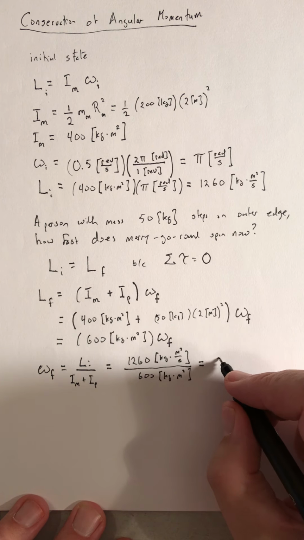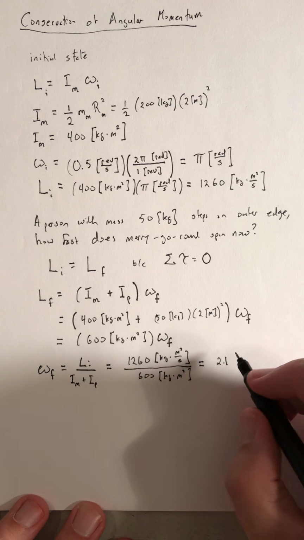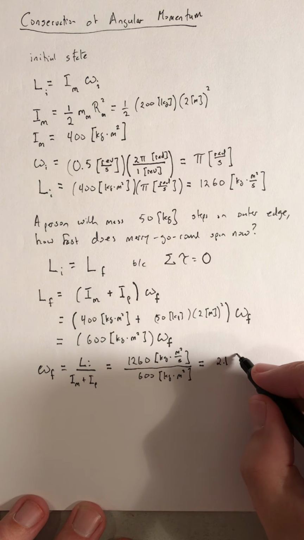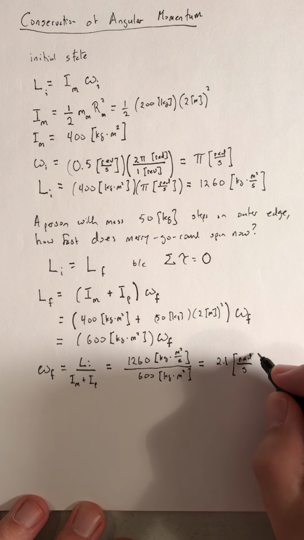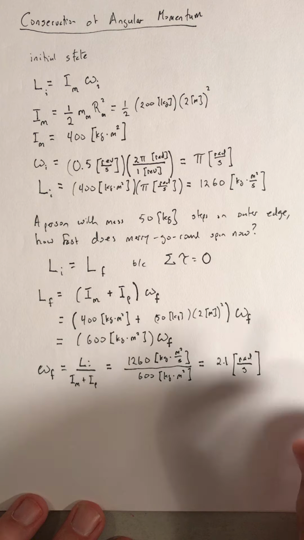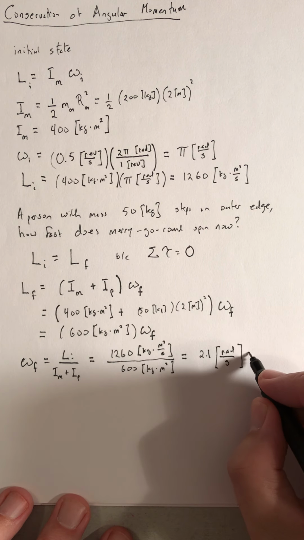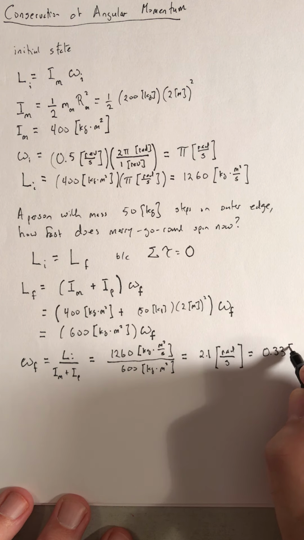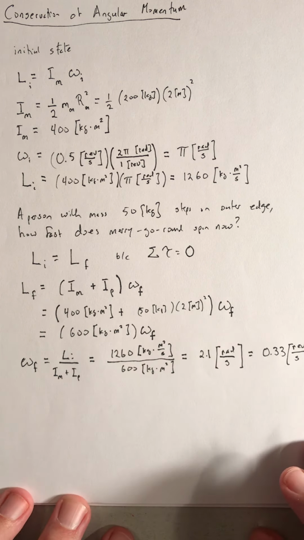So that's going to give us 2.1, and then everything cancels out except for the 1 over second, so I'm going to pop a radian in. So it's slowed from pi radians per second to 2.1 radians per second. If we wanted to convert that over, we'd find that that's a third of a revolution per second.